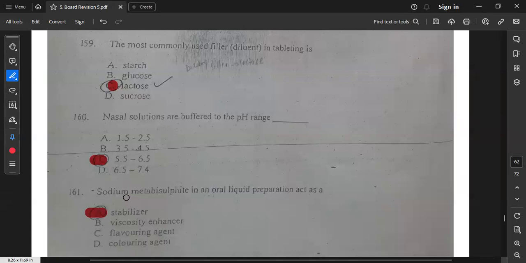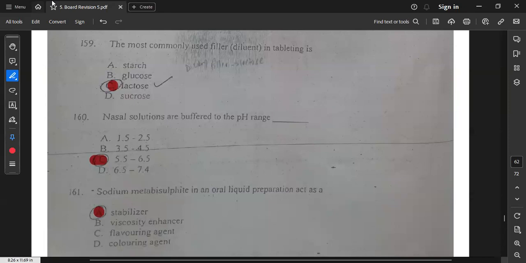Is antioxidant and stabilizer the same? Okay, it's an antioxidant or a stabilizer, an antioxidant that increases stability.